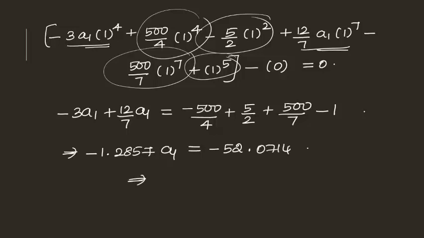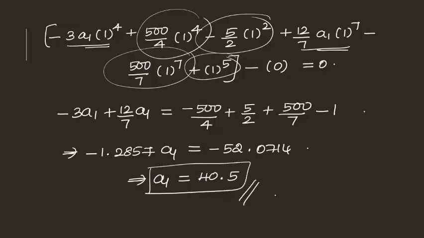So the a1 value can be obtained as 40.5. On substituting the value of a1 in the considered trial function, y is equal to 40.5 into x minus x power 4.